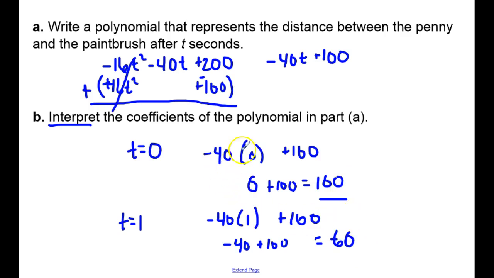So that's what those numbers tell me. Here's the original distance: when I first start, they are 100 feet apart, and then every second they get 40 feet closer together. That's how we can use the context of the problem to explain the terms that we're looking at.